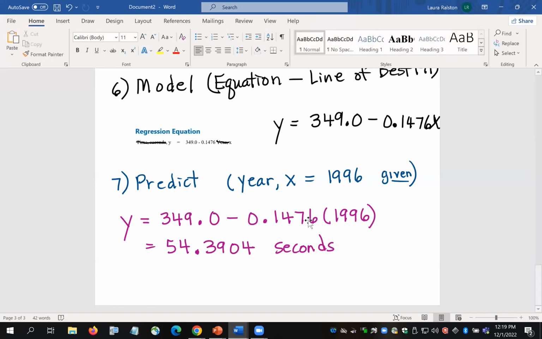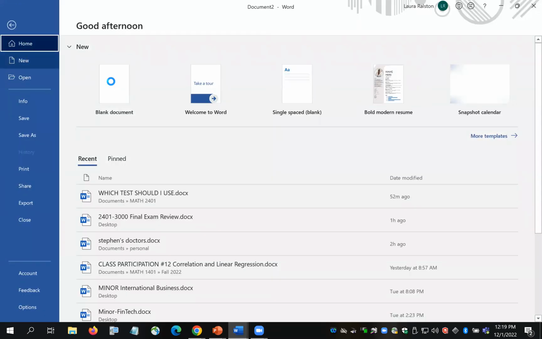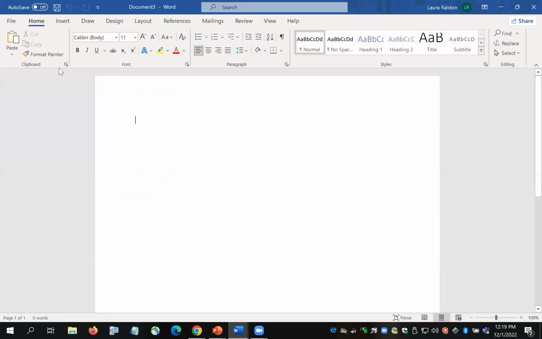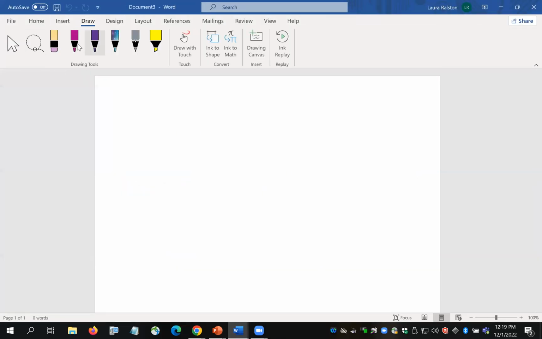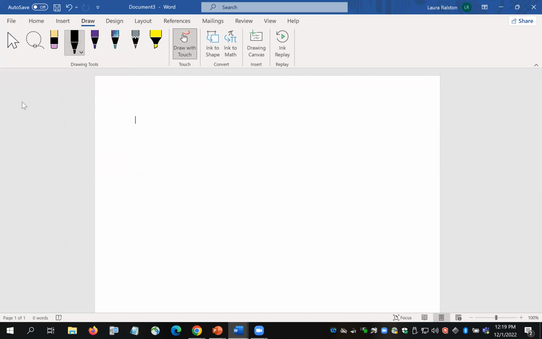Then the last two questions are related to the coefficient of determination. And the idea behind the coefficient of determination is, should we even be using the year to predict the time? So R squared, that's kind of the next step. You want to determine R squared, which is the coefficient of determination.